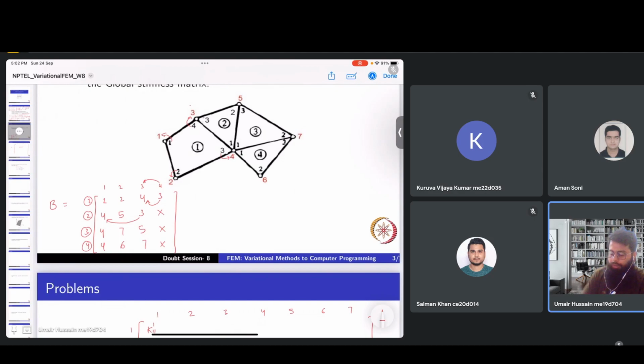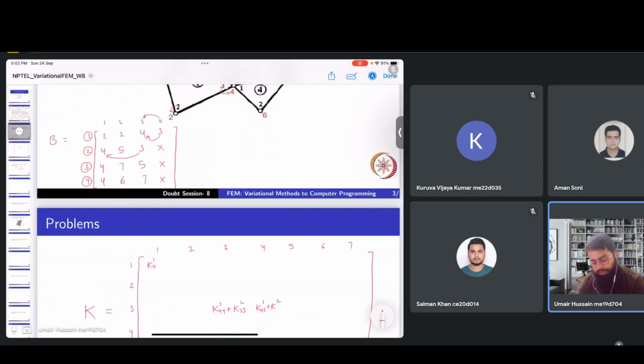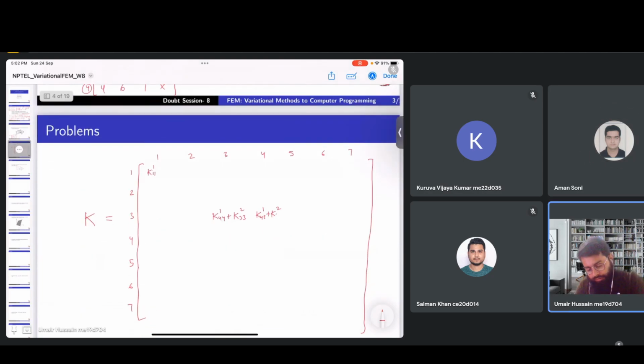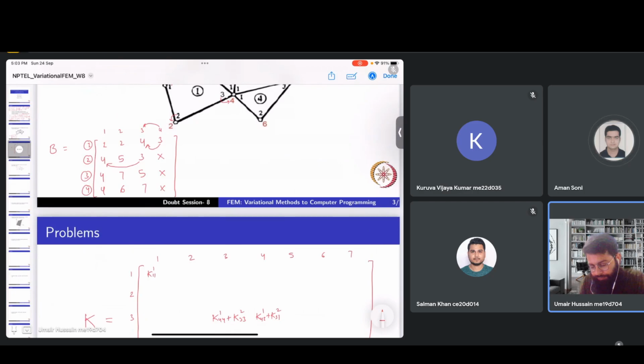For element 2, global node 3 is local node 3, but global node 4 is local node 1. So it should be 3, 1. I hope that's clear.